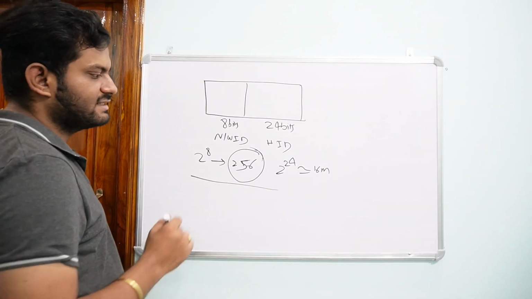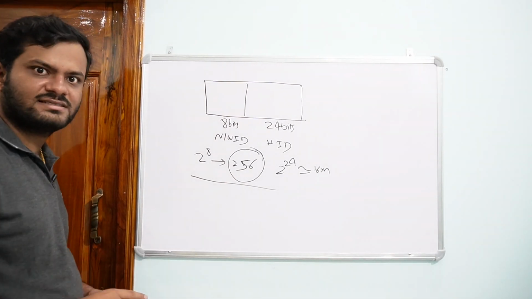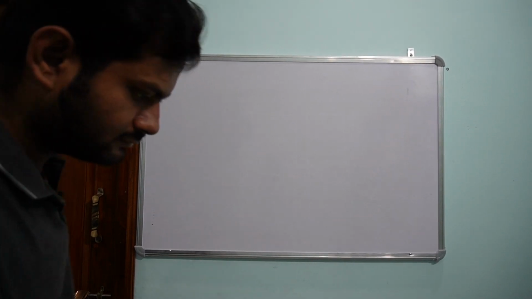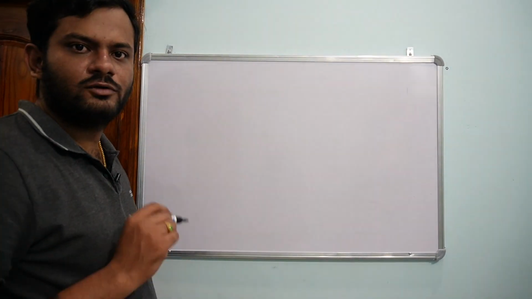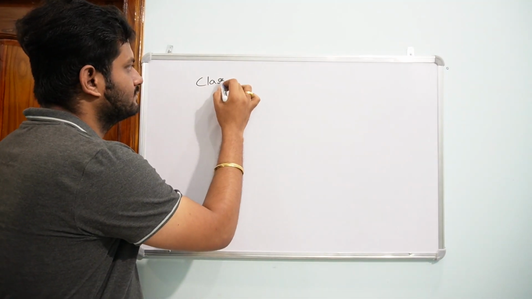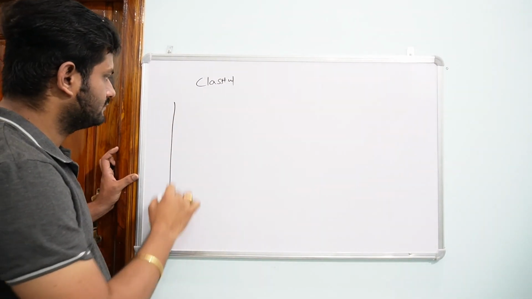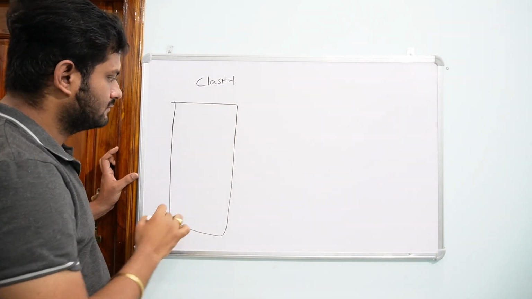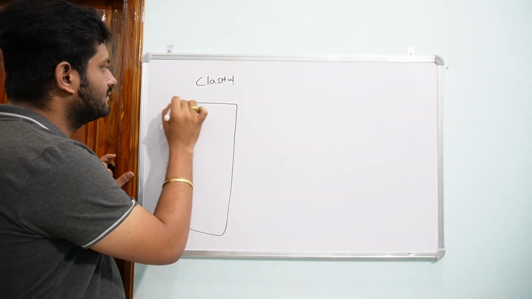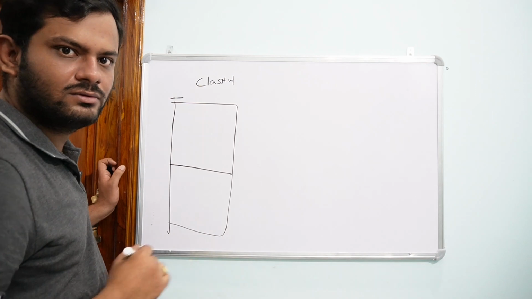So to make the IP address scalable, later we went on to the classful approach. Let's discuss what the classful approach is. In this classful approach, if we select the first bit, we can divide the IP address into 2 parts.